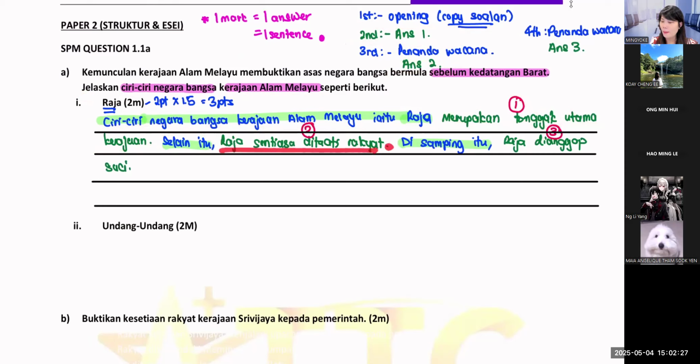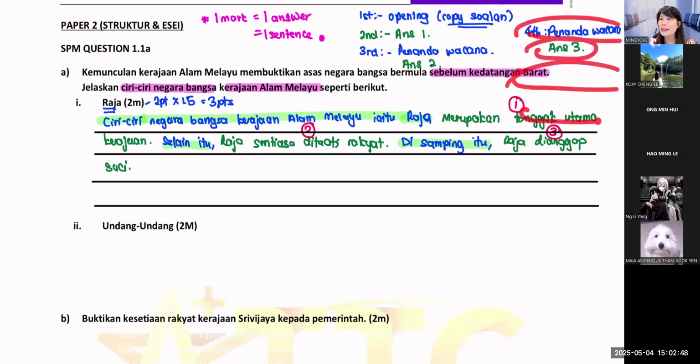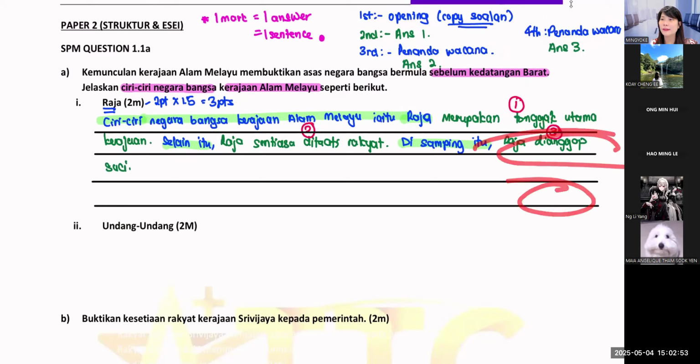Then full stop, penanda wacana again: di samping itu, raja dianggap suci. Some teachers say that to make your life easy, you just write opening, answer 1, selain itu, answer 2, selain itu, answer 3, selain itu, answer 4, akhirnya, answer 5. Understand?